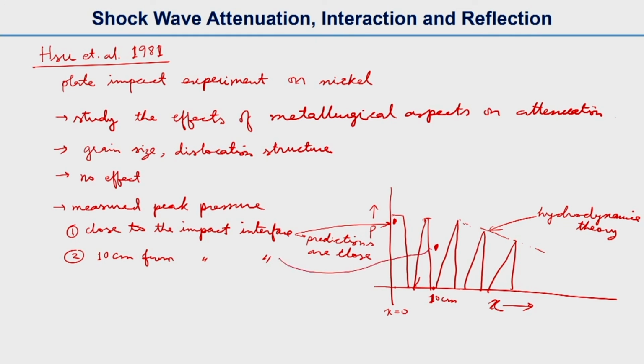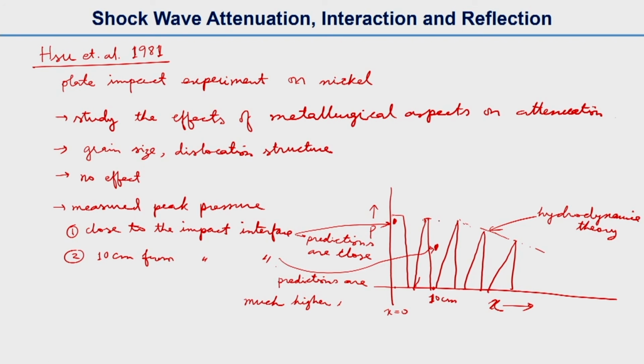The second point is here at 10 centimeter from the surface, and here you can see that the predictions are much higher. That means the peak pressure prediction is higher.